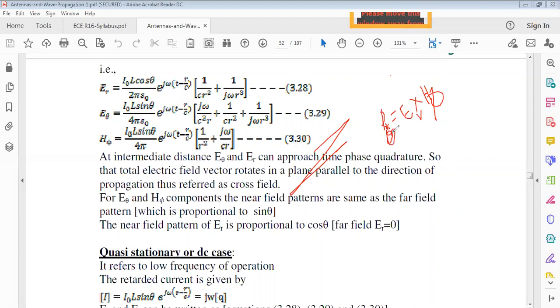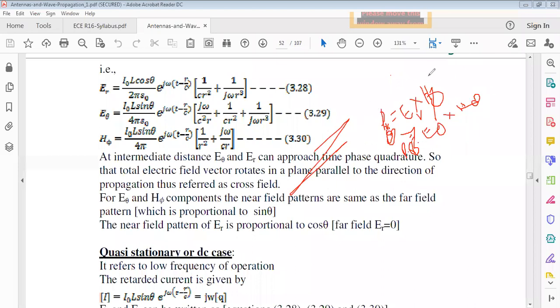For suppose I multiply E theta and H phi, then the radiated power is in the direction of R. Remember, theta and phi, these three are perpendicular; here also R, theta, phi are perpendicular.